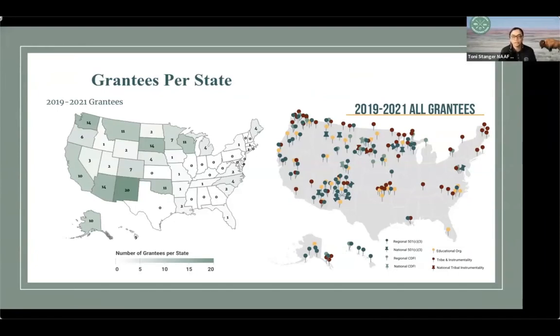And all of this information is located on our website. You can look at our former reports and find out what we funded and what each of those little pins represent. They represent various entities and projects, and each year those projects change. So even if we have funded an entity once, the project the second year could be different. So again, I encourage you to visit our website to learn more about where we funded in the past.